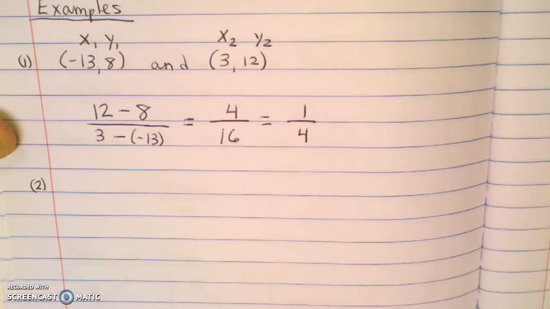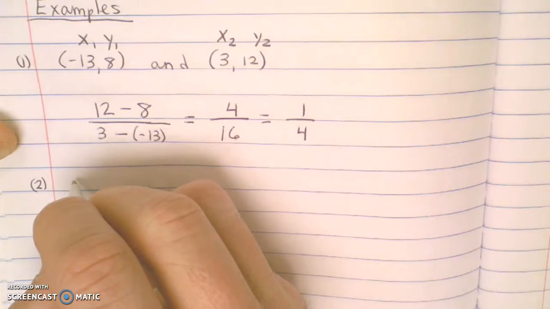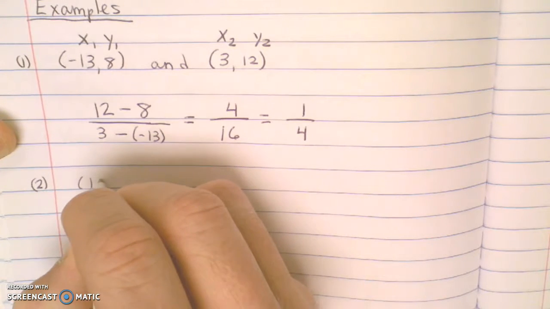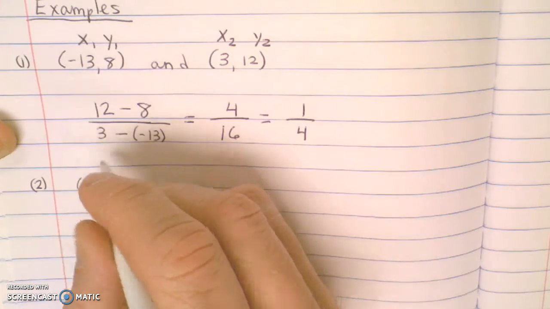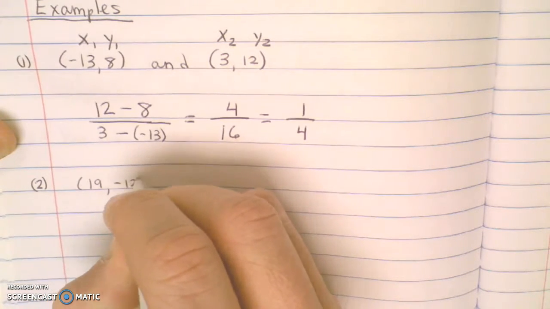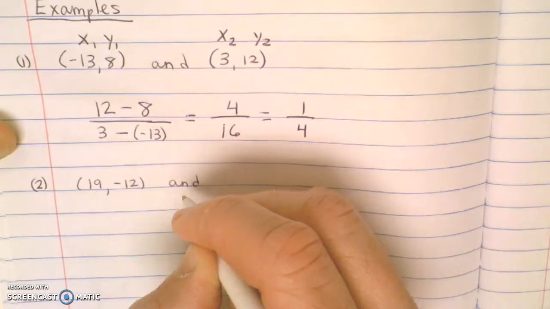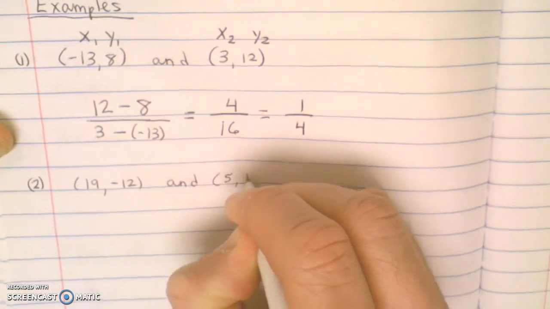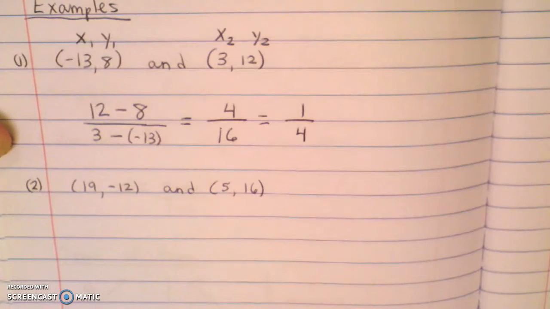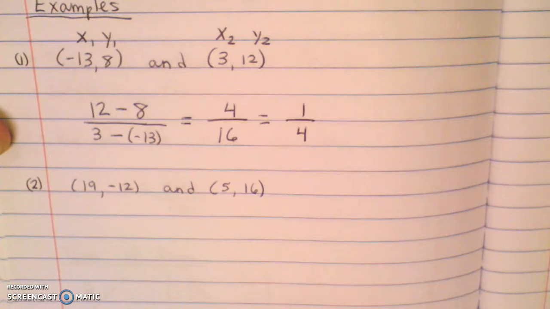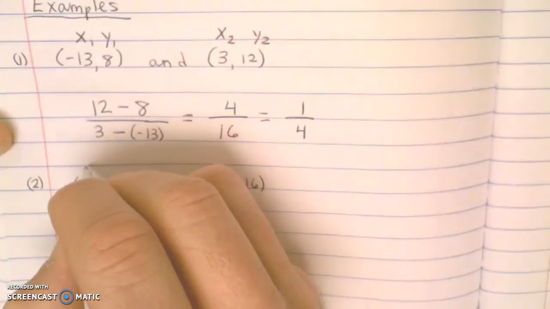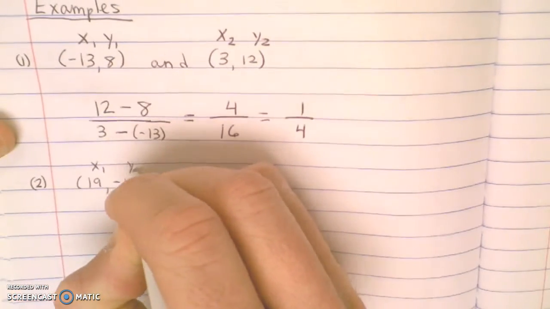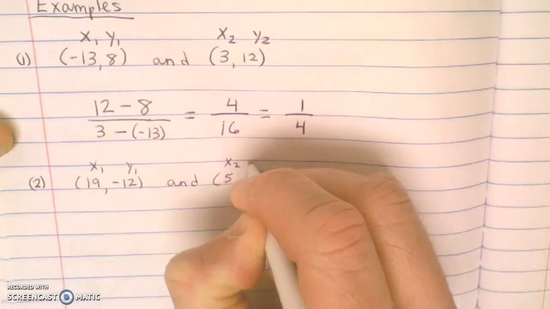Let's try another example. Say I gave you 19, comma, negative 12, and 5, comma, 16. So same first step, label your x1, y1, x2, y2.